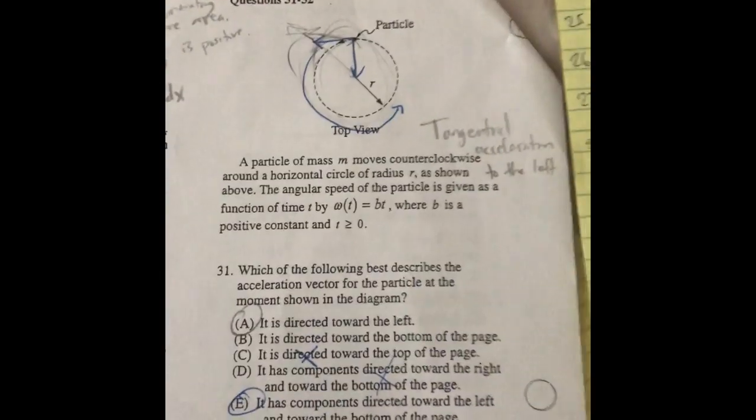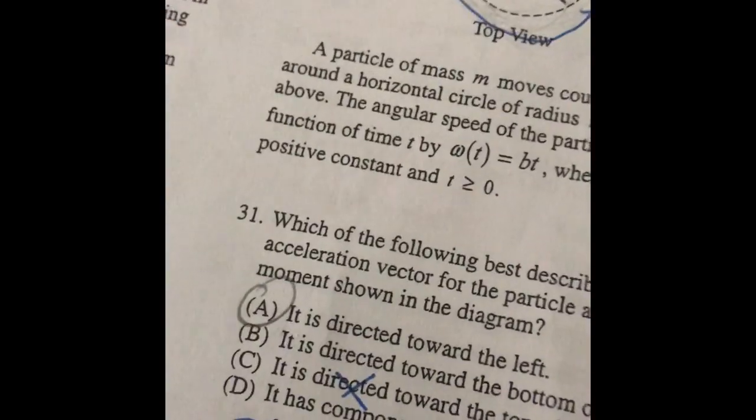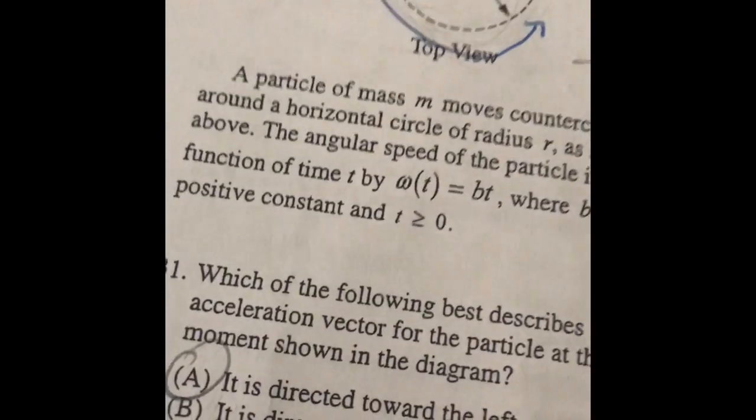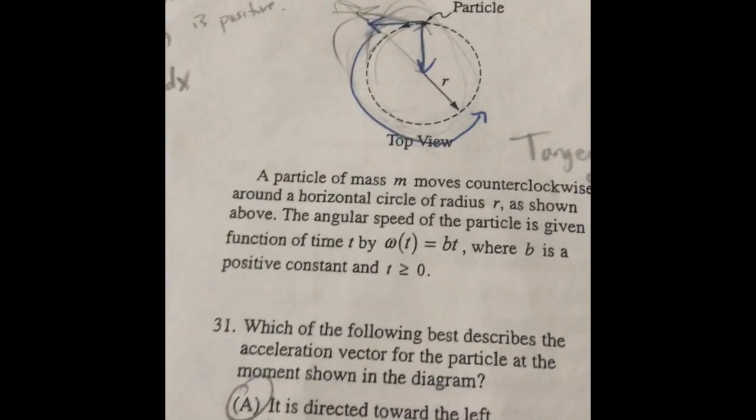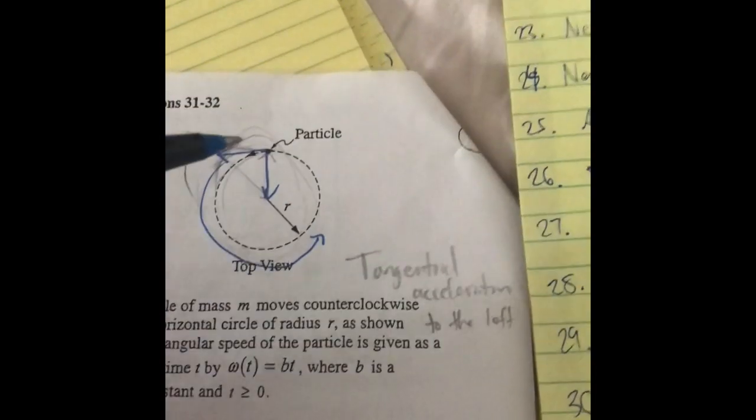What we have to realize is that it says that the angular speed is constant. So that means that the amount of revolutions per amount of time is going to remain the same. So to do that, the tangential acceleration is going to exist and not be a zero value.